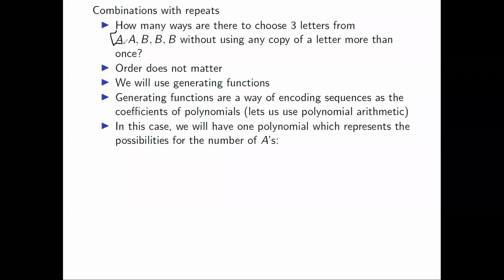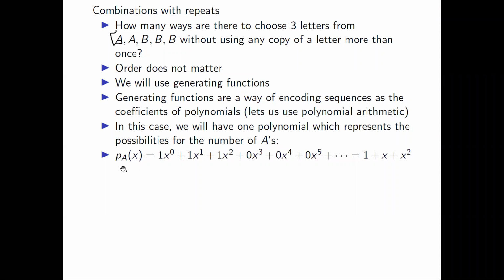For this problem, we're going to have a polynomial which will represent the possibilities for our number of A's, and we'll have a polynomial which represents the possibilities for the number of B's. The polynomial for the number of A's will just be called P sub A of X, and next to each power of X, we'll write the number of ways that we can have that number of A's. So we have a total of 2 A's.